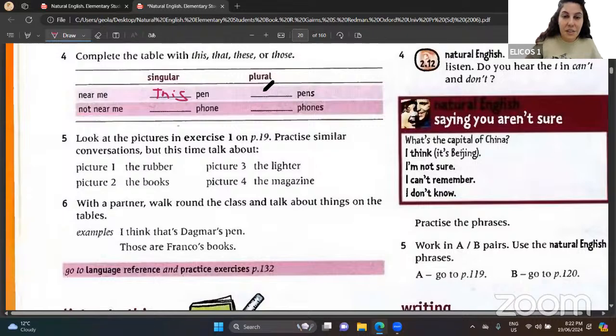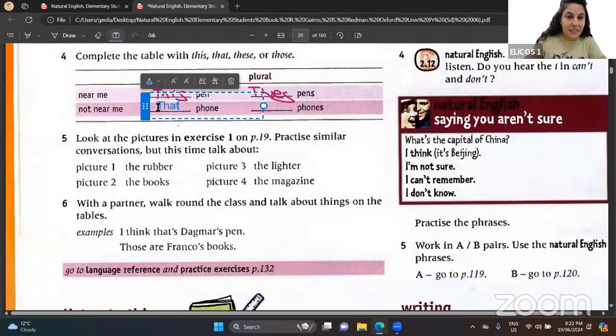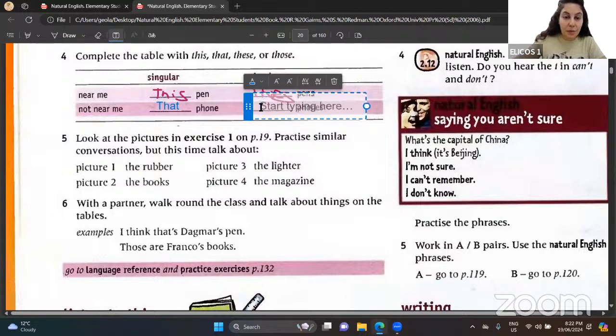If it's far away, you would say plural, those pens. If it's not near you, you would say that. And if it's not near you, but plural, those phones.